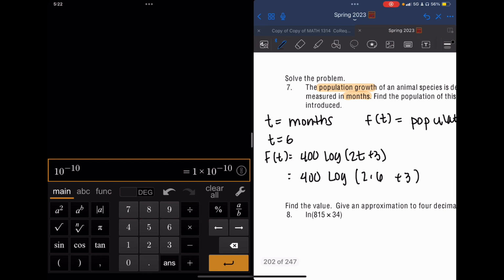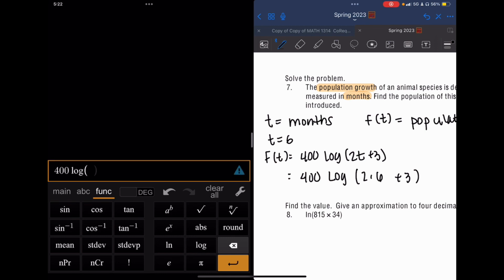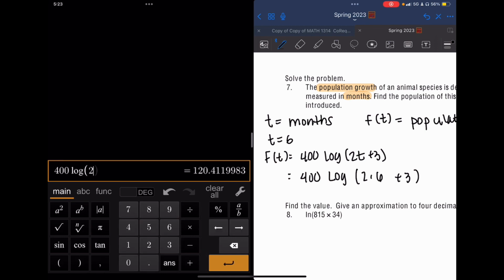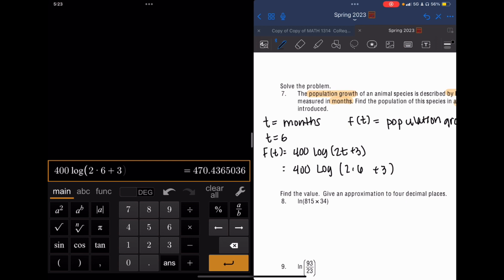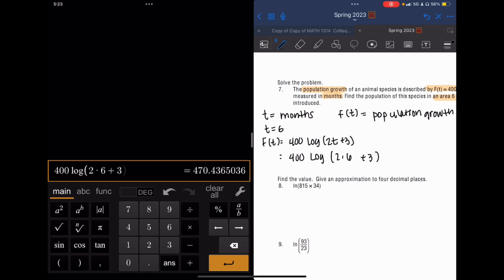So we get 400 log of 2 times 6 plus 3. And we want to know the growth of the population.